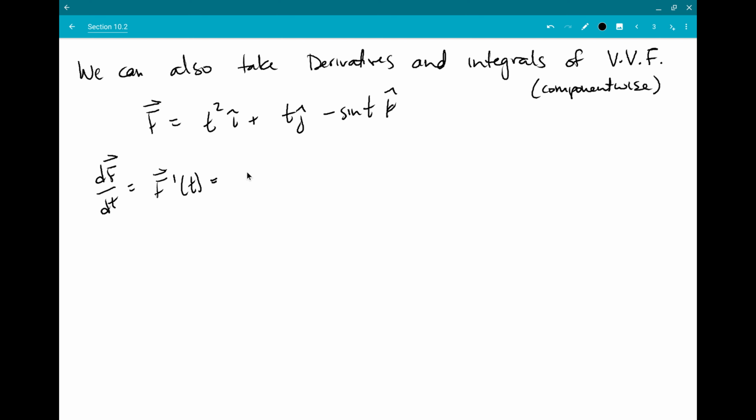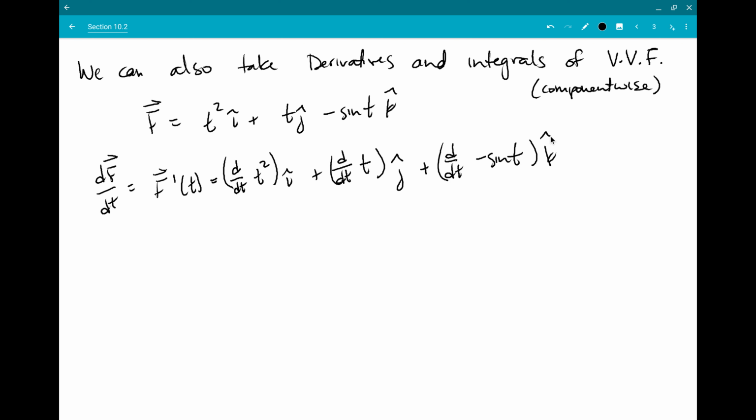Seriously, what is that arrow? I hate it. So it's going to be d dt of t squared i hat, kind of like all on its own, plus d dt of t j hat plus d dt of minus sine t k hat.